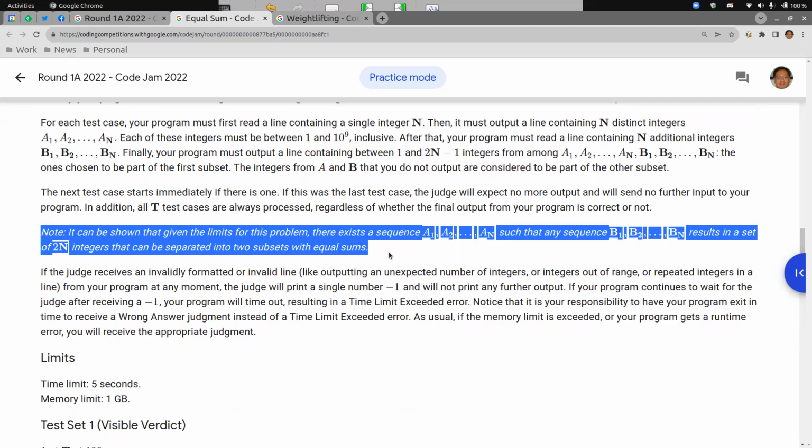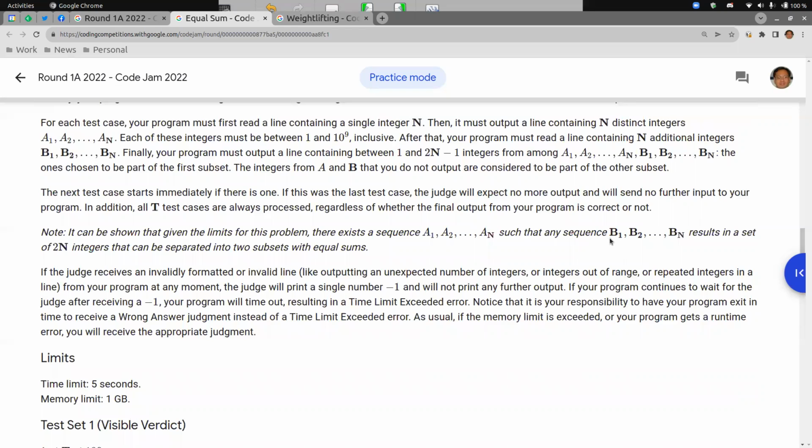So what does it say? It says that it can be shown that given the limits of this problem, there's a sequence such that if you choose this A1 up to AN correctly, then any sequence B1 up to BN that they can give you will result in a set of 2n integers that can be separated into 2 subsets with equal sum.